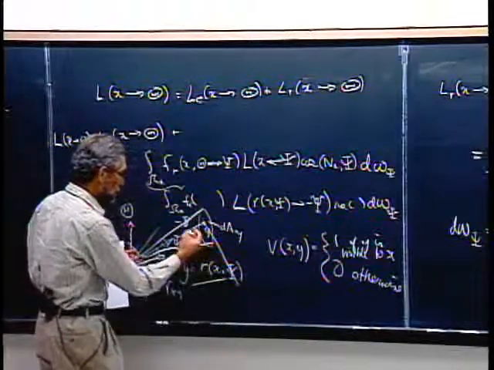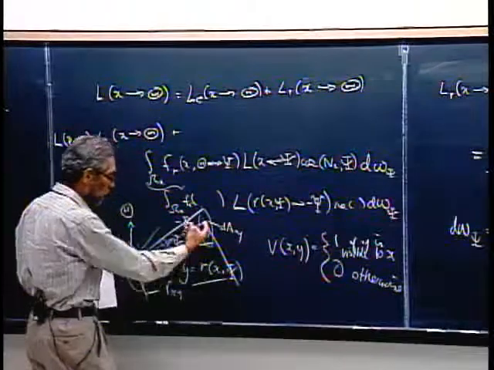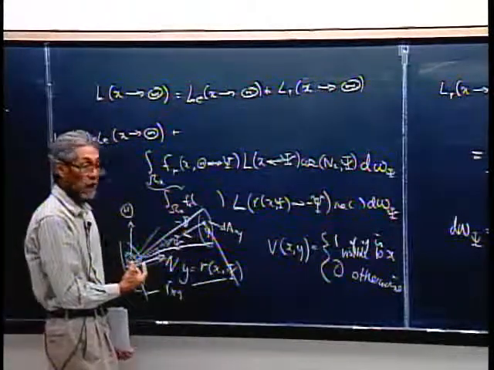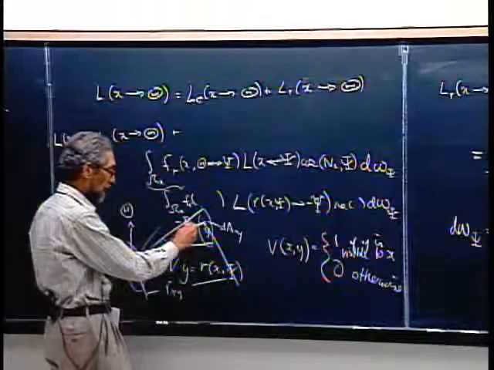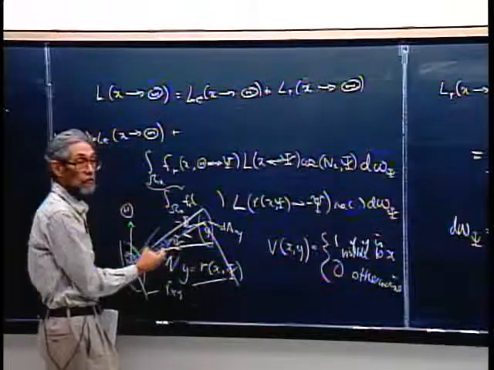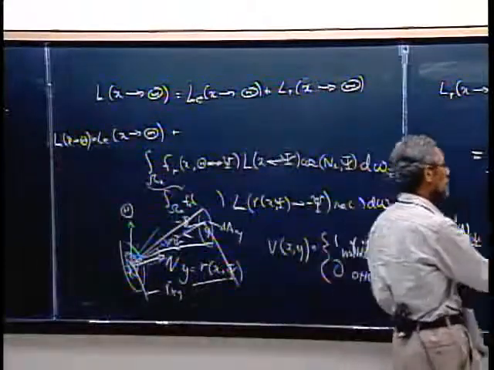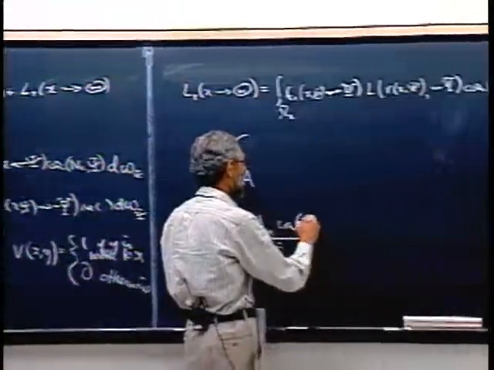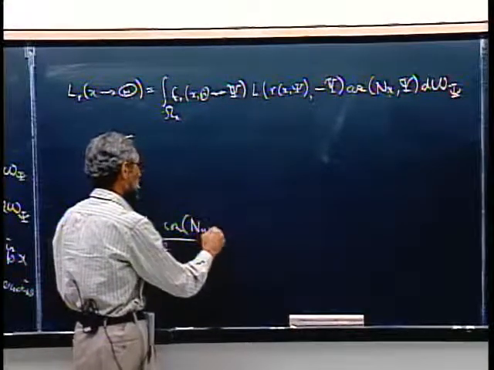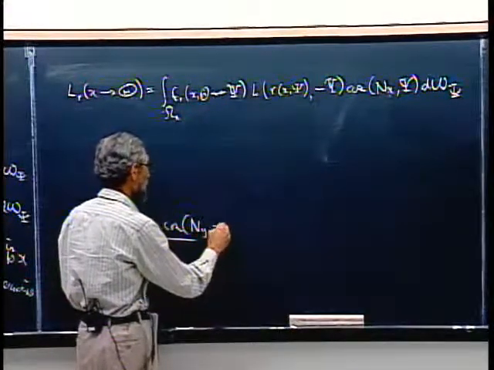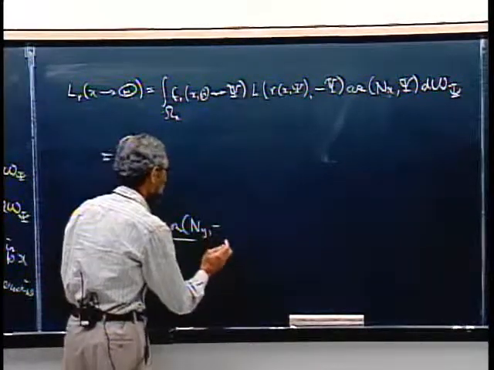If the normal of this dA pointed along the direction psi, that would be the right answer. But if it doesn't, and there's some angle between them, then we have a foreshortening. So times the cosine of the angle between the normal at y and the direction minus psi.